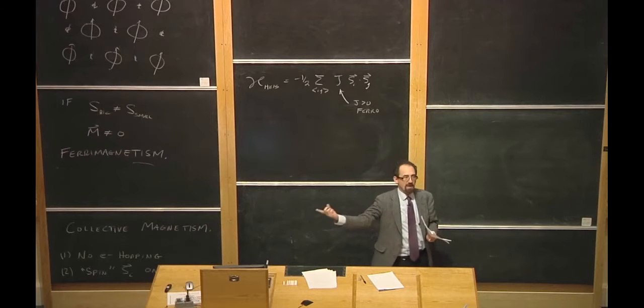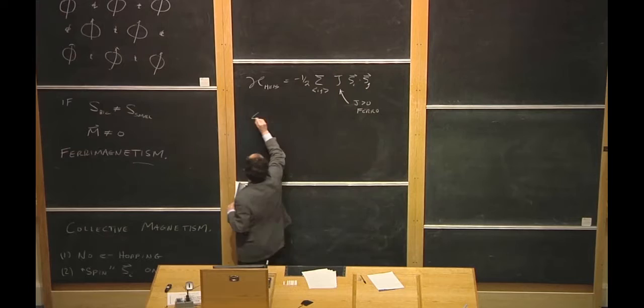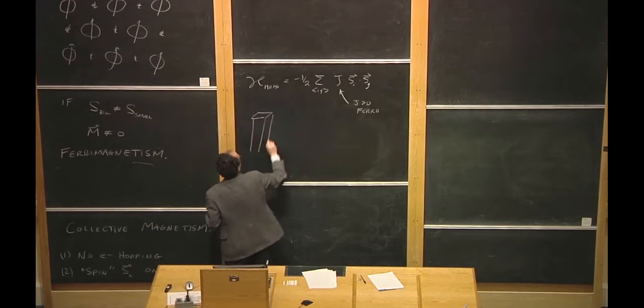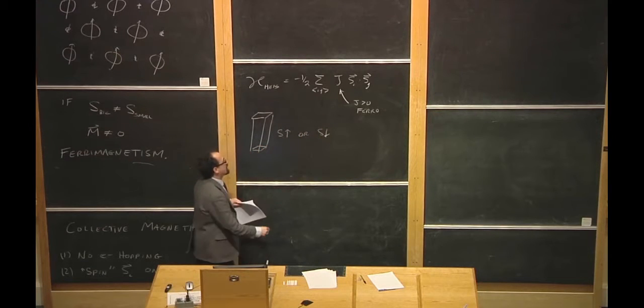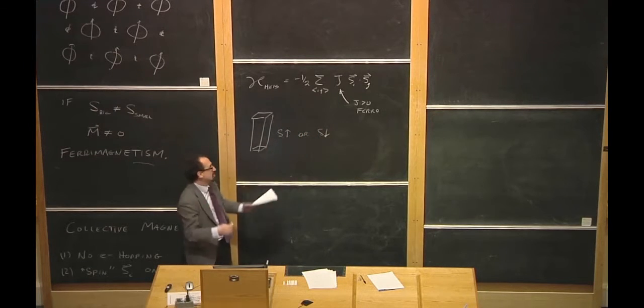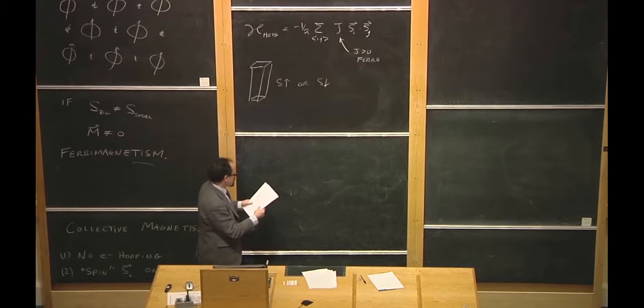Then maybe the spins want to point along the long thin axis, so you might have S wanting to be up or S wanting to be down, but not any direction in between. This is a case where you might expect this sort of anisotropy to exist.